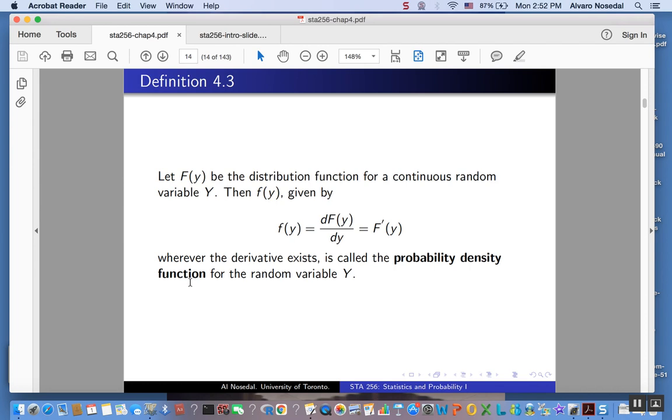Okay? And the relationship between the CDF and the PDF is that if you have the CDF of the random variable y, all you have to do to obtain the PDF is just take the derivative with respect to the random variable. So in this case, just take the derivative of the CDF with respect to y. Okay? Make sense?